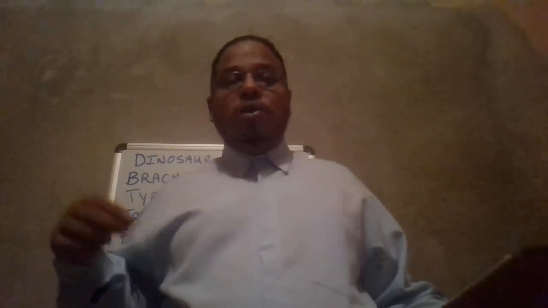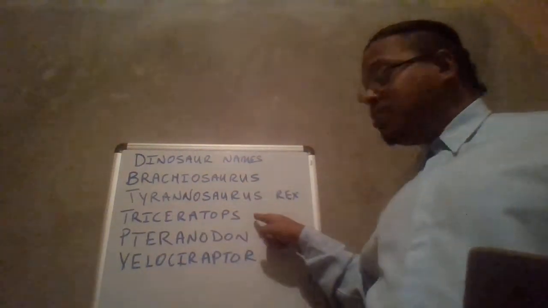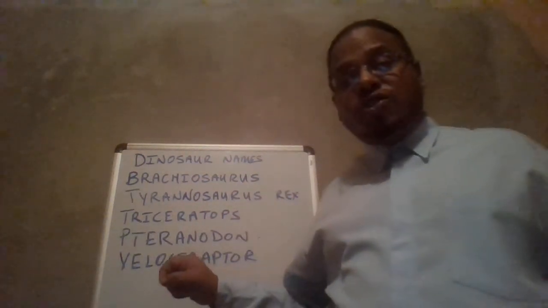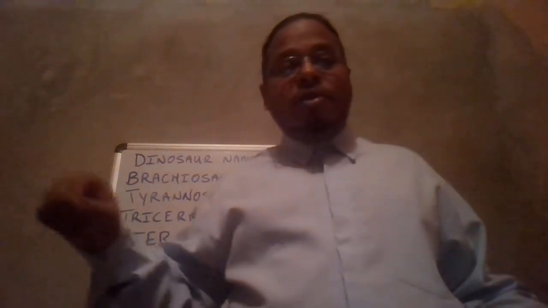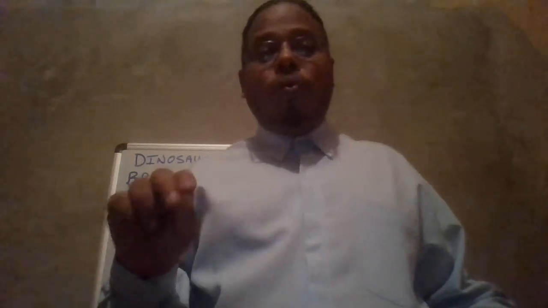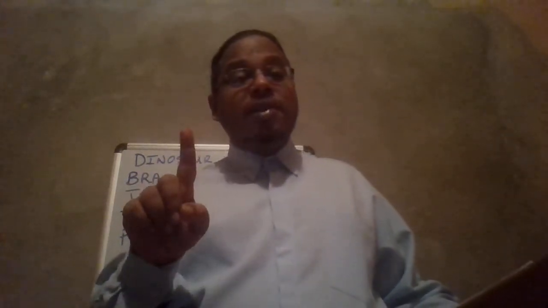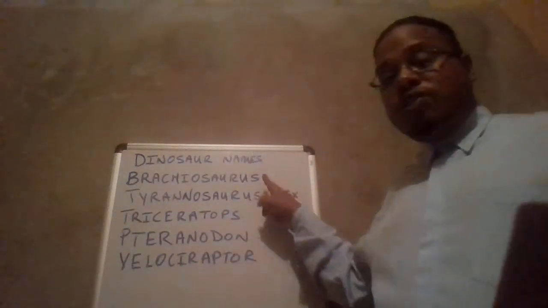So you're going to search each one of the names of these dinosaurs, look at the image online, and then write two sentences that say what you like about the dinosaur, and just one dinosaur. You don't need to do each one of them.